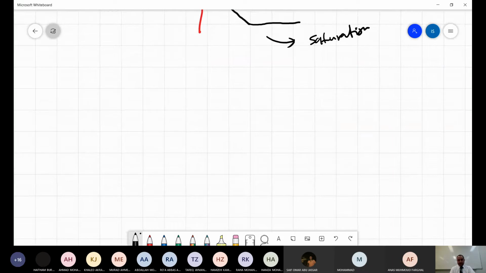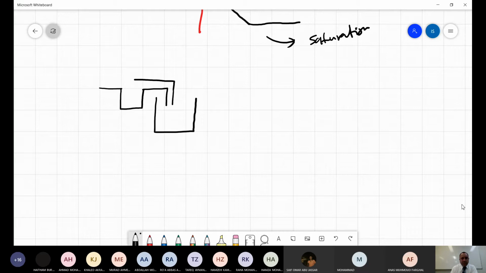Who can tell me another nonlinear phenomenon? Now, let's consider the following system. Do you remember our tank? Let's assume this is the pump, and I need to fill up this tank.